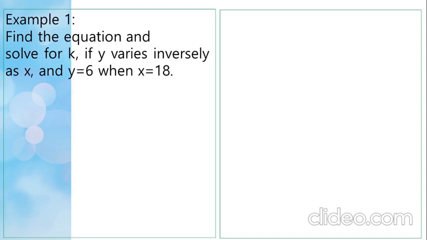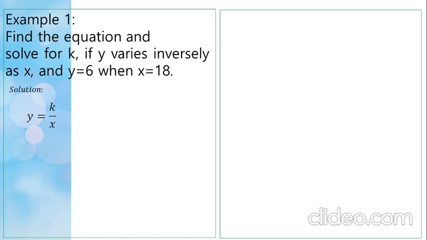Let's have an example. Find the equation and solve for k if y varies inversely as x and y is 6 when x is 18. For our solution, first, we have to translate y varies inversely as x into equation. We have y is equal to k over x.